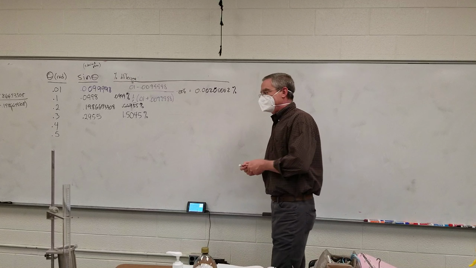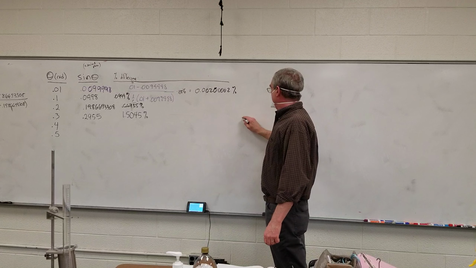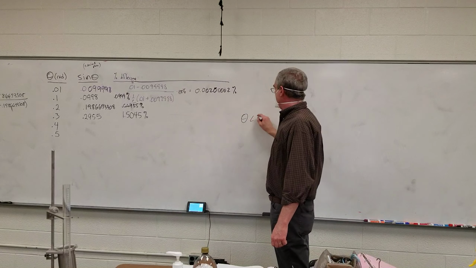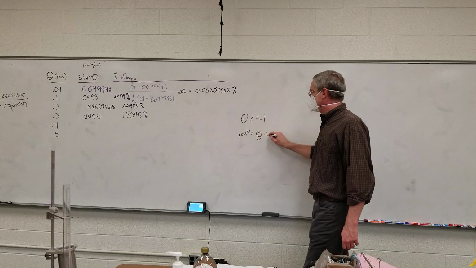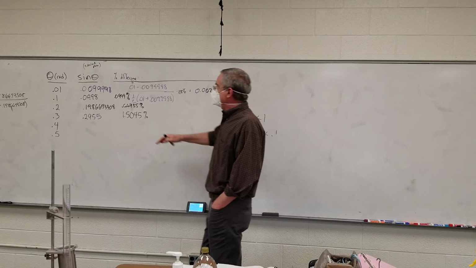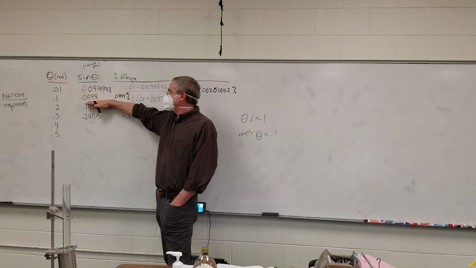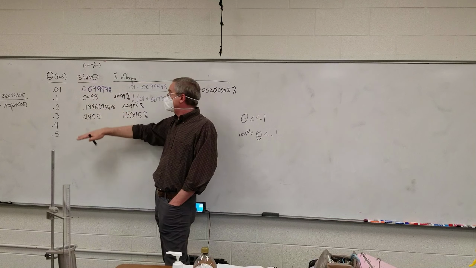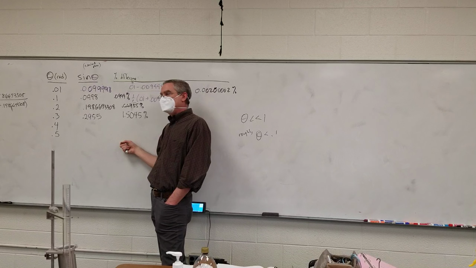It's the rule of thumb, because we say if theta is much less than 1, and so this means roughly, in physics circles at least, if theta is less than 0.1. At that point you're off by 1 in 1,000. We're still under 1% at this point, it's only 1.5%. At some point we're going to hit 10%. And so the question is, at what point do we actually hit 10%?